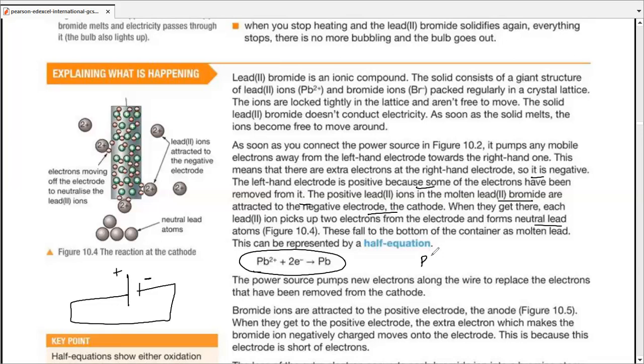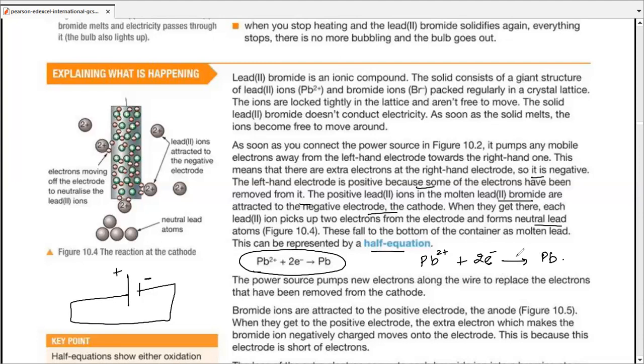We tell our students, no matter what the compound would be, no matter how many electrons it is short of, it would gain that number of electrons and it will become neutral at the negative electrode. That's what is going to happen at the negative electrode. We call it an ionic half equation. It's a half equation because it's just half of the story. It's only what's happening to the positive ions.